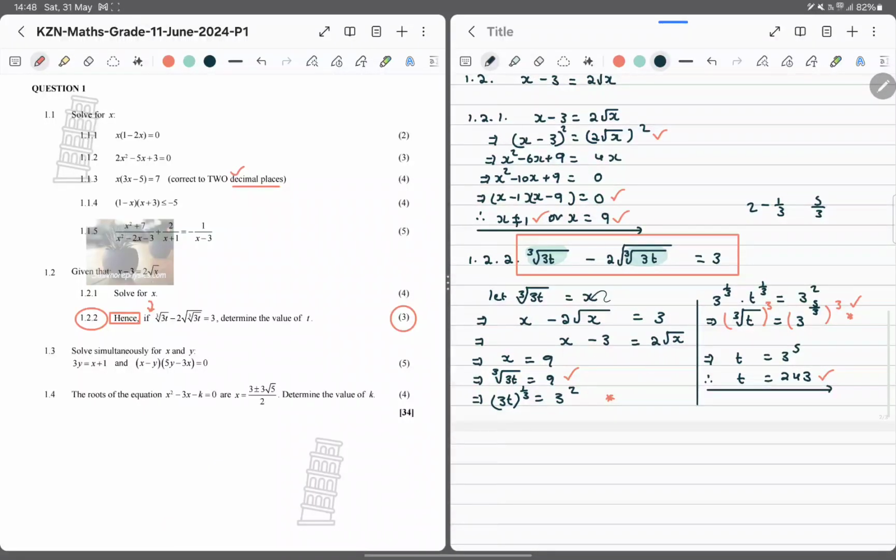Please, if one is going to write this way and right here, please draw a line that separates the two sides. Because if you don't draw the line, someone is going to think from this step you went here, and that doesn't make sense, and then there, and then there. So a lot of controversy can be created by that.